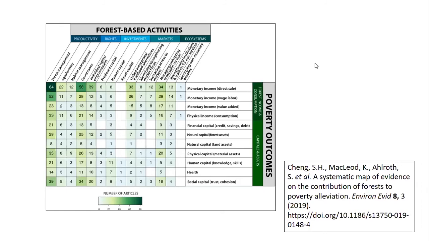So what this mapping review was trying to do is identify what type of activities have been studied and what type of poverty outcomes they have measured, and it gives you an indication of where the most research is and where there is little. Depending on which question you consider important, it helps you identify where you will most likely get a clear answer from a policy and practice perspective if you do a systematic review, but also which areas have very little research and a lot of opportunities for new research to come in, if that area is important enough.